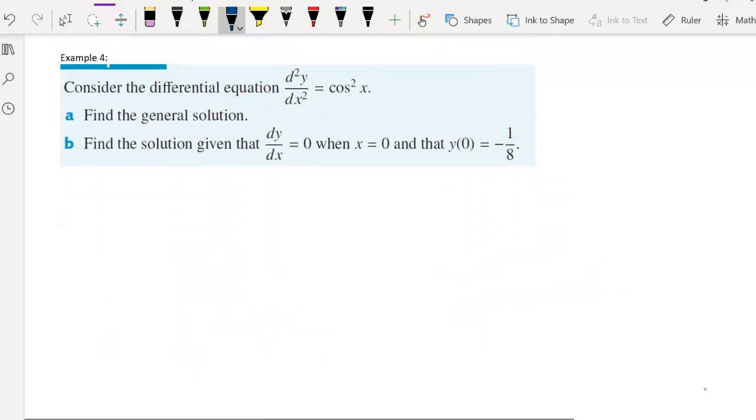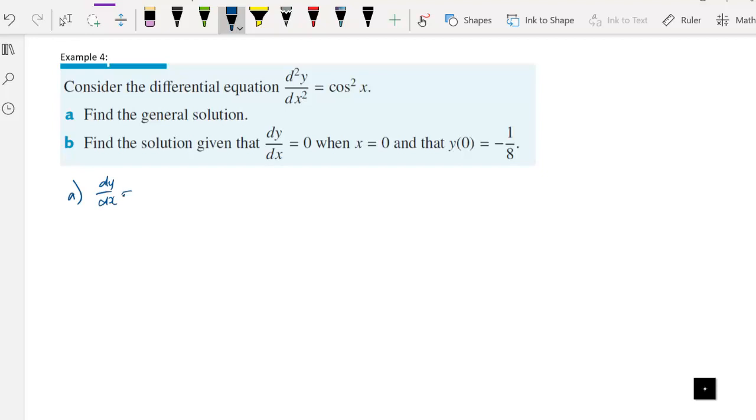Okay, so for our last example, we're going to look at finding a general solution with a second order differential. Part A is find the general solution, which is similar to what we just looked at. So we've got a second derivative, and we're looking at dy/dx being equal to the integral of cos squared x dx.